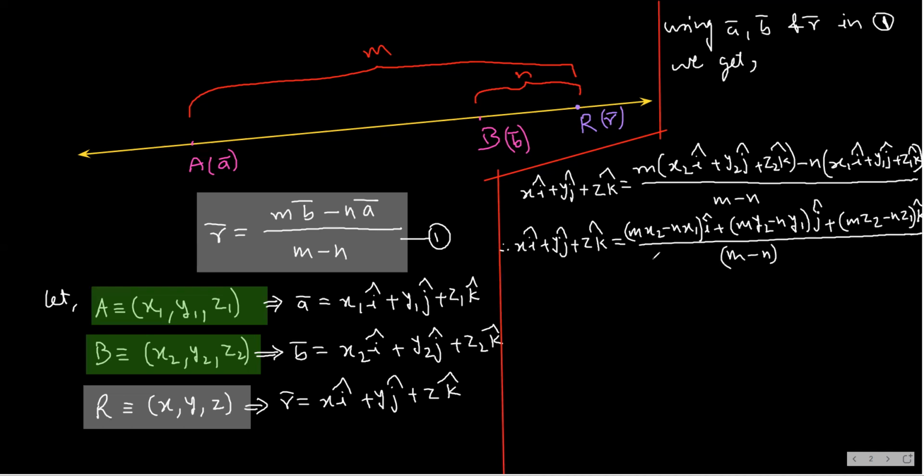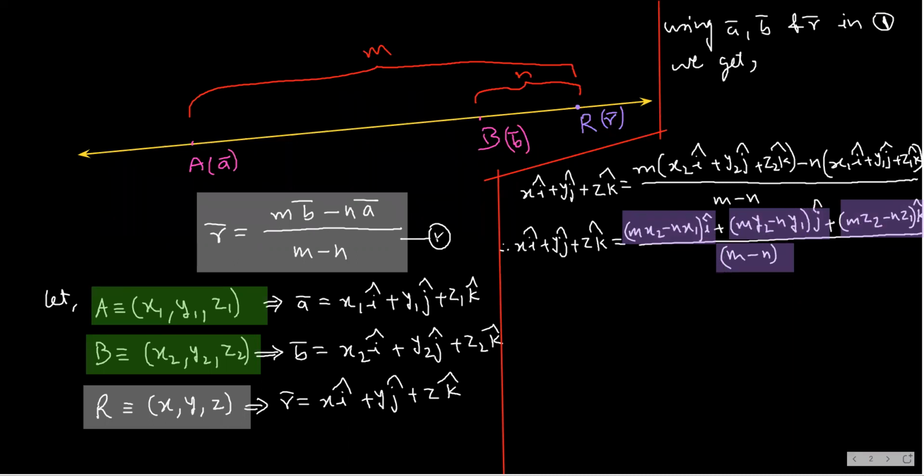Now I will separately divide for these three terms. I will split the denominator. What is the denominator here? This is the denominator. I will split the denominator for these three, that is, m minus n will come in the denominator of these three terms which are in the numerator.